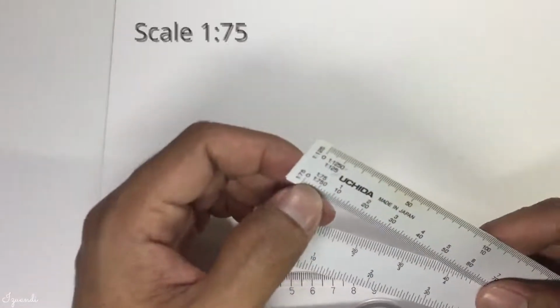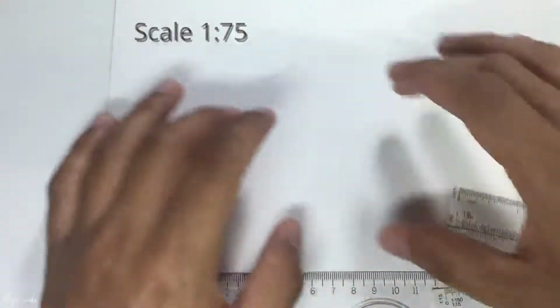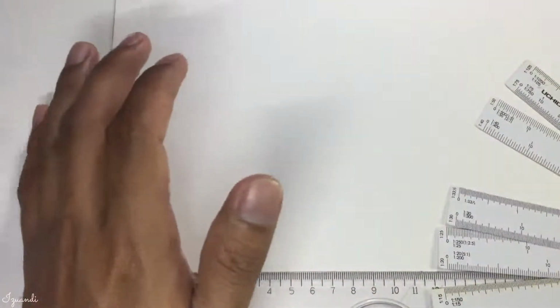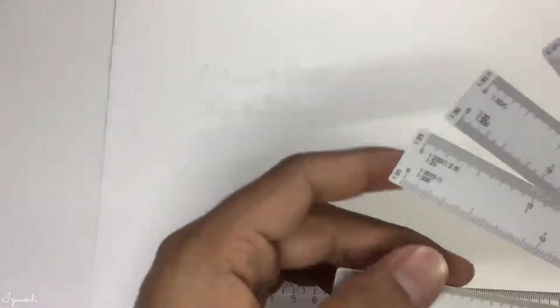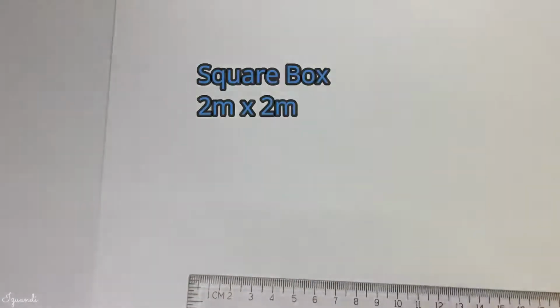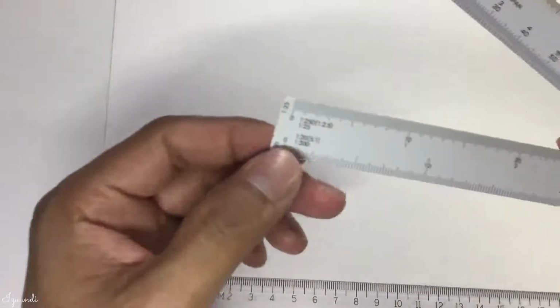So we will have 3 kinds of boxes, and we see what the size is. I will take square boxes with 2 meters height and 2 meters length. We go first with 1 to 20.